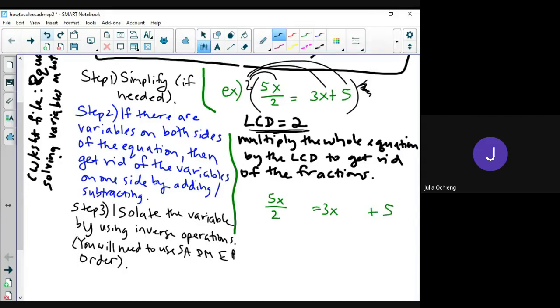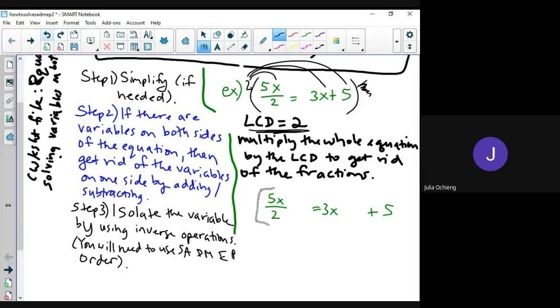And I'm multiplying this entire equation by 2. And that's okay because I'm doubling the left side. I'm making this side bigger by 2 times, and I'm also making this side bigger by 2 times. So it's still going to be equal because both sides are bigger by 2 times. So whatever the numbers are, they've increased by the same amount.